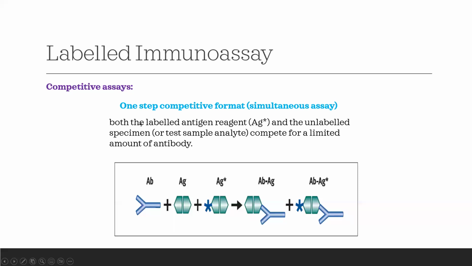This is what we call the simultaneous assay. So there's just one step. The antibody in this reaction is limited, and we could expect most of the antibody is able to bind with either the antigen without label or with label.